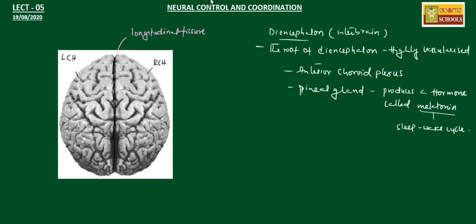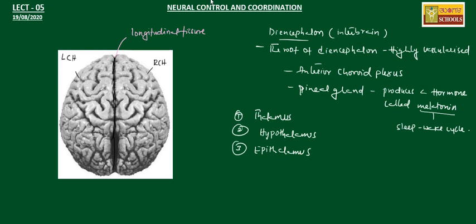And this diencephalon has three parts. One is the thalamus, the second is the hypothalamus, and the third is the epithalamus.